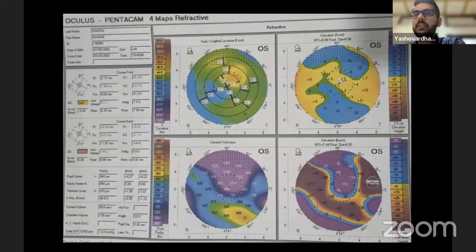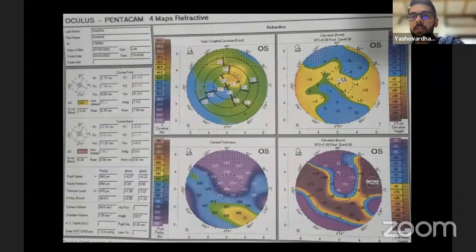Now coming to the axial sagittal curvature front, the central 3 millimeter is showing multiple colors within the 3 millimeters, including a very flat cornea, a cornea of normal corneal curvature, which is around 42, and then again going towards a steeper cornea, supero-temporally.